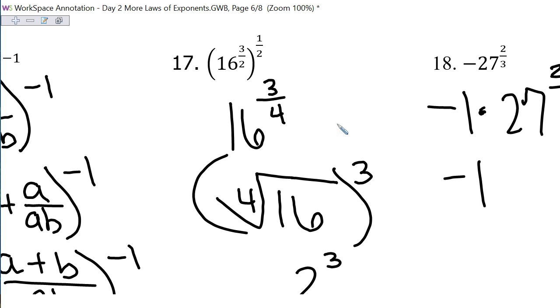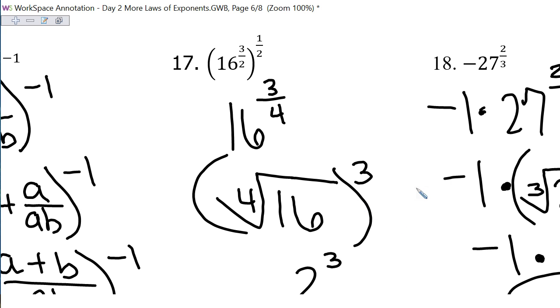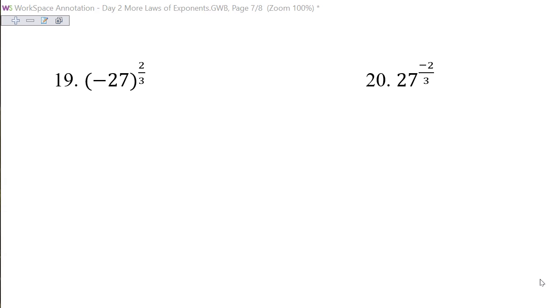If you have a rational exponent, convert to radical form. So what is our base? 27. What root are we taking? The cube root. And what power do we raise it to? Square. So this would be negative 1 times, what's the cube root of 27? 3, and what's 3 squared? 9, and when we multiply these, what do we get? Negative 9. Hey, I want you to do number 19.